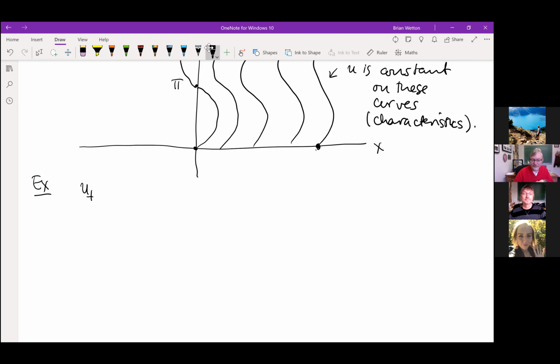This time, oh, there's another question coming, I think. Oh, will this method still work if we have a weak solution for x of t?